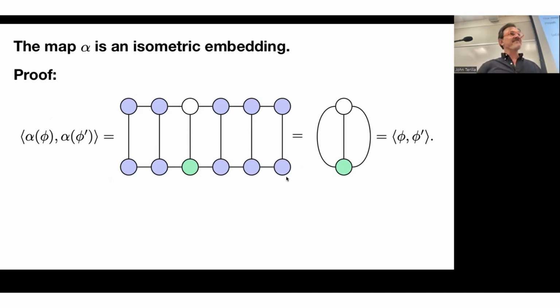And when I contract them, I get this huge sum, but because of the gauge canonical form, everything on the left becomes the identity, everything on the right becomes the identity. And so you get the same picture that you had on the right. And so that's how you get that it's an isometric embedding.